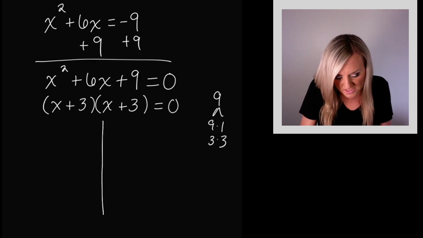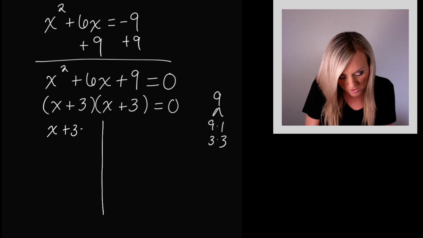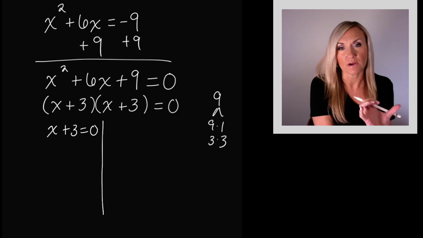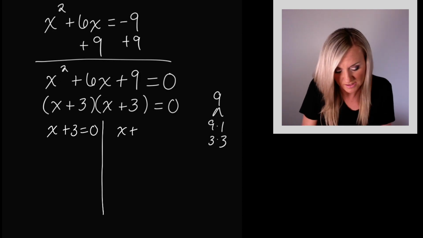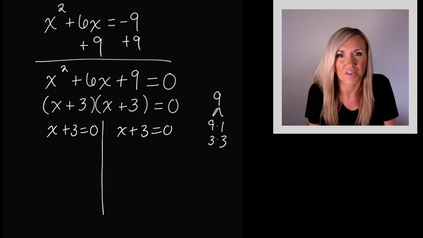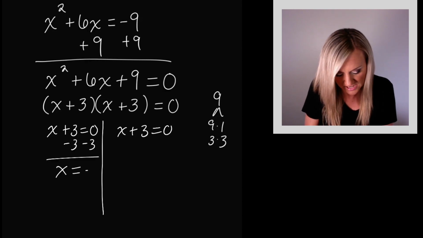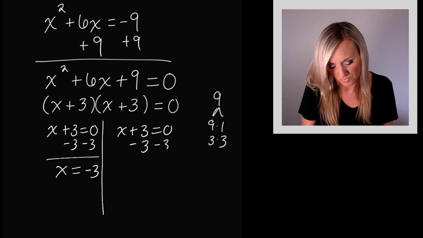Okay, so once that happens, now we can set up our two separate equations: x plus 3 equals 0, that first parenthesis equals 0, and then the second parenthesis, x plus 3 equals 0. And they're the exact same thing, and that's okay. When we subtract the 3 to the other side, both of these are going to be x equals negative 3.